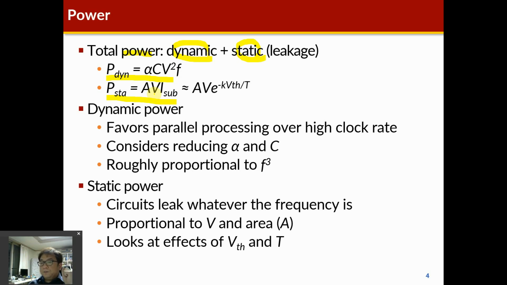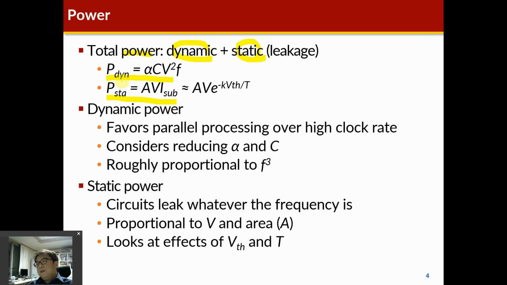Actually the CMOS circuit is not totally insulated. So that means that it does not totally cut from the VDD to the ground, and then the leakage current flows from the VDD to the ground, even if one of the MOS transistors is off.